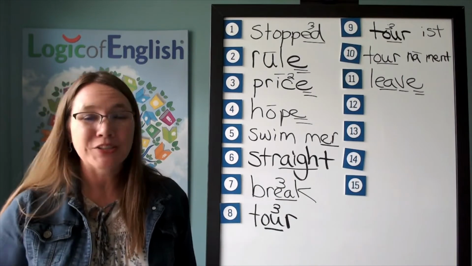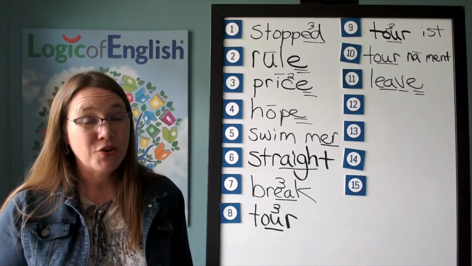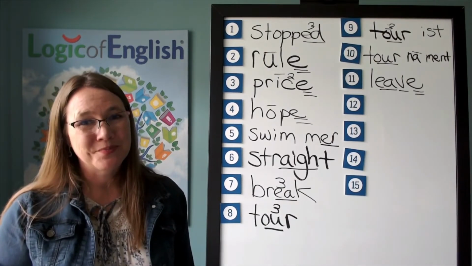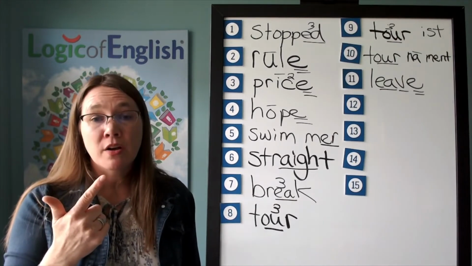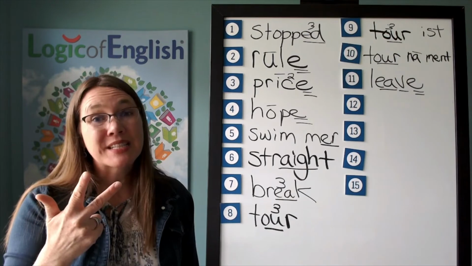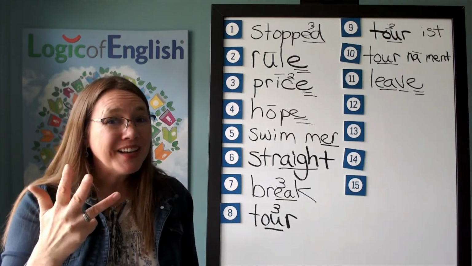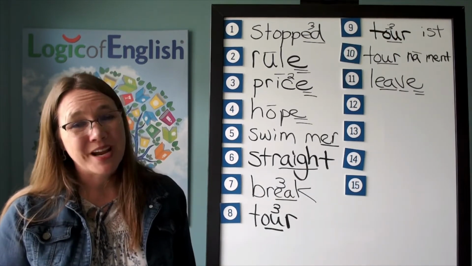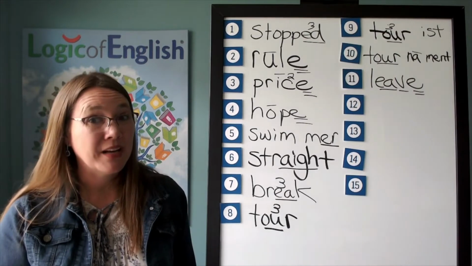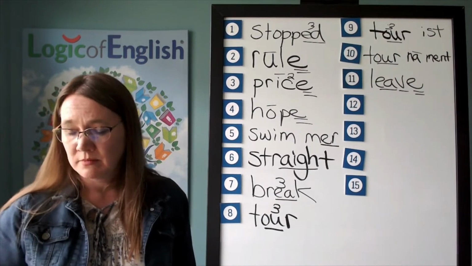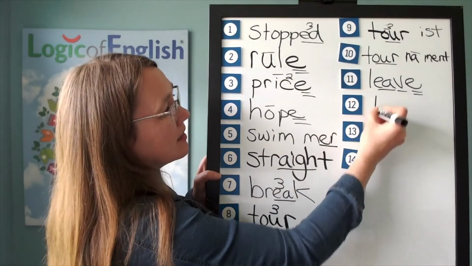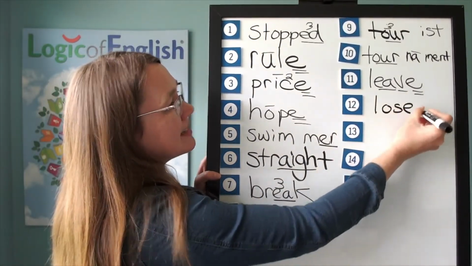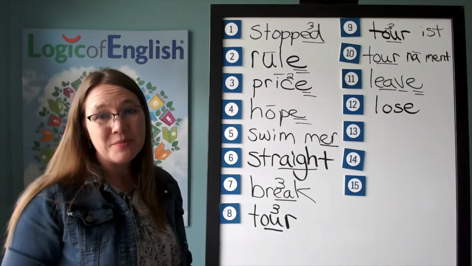The next word is lose. I am not going to lose this game. Lose. Go ahead and say lose. Let's sound it out. L, use an A-O-U. Z, use an S. Silent final E. Go ahead and write lose, sounding it out as you write it. And help me to write it. L, A-O-U, Z, silent final E. How do we mark it?